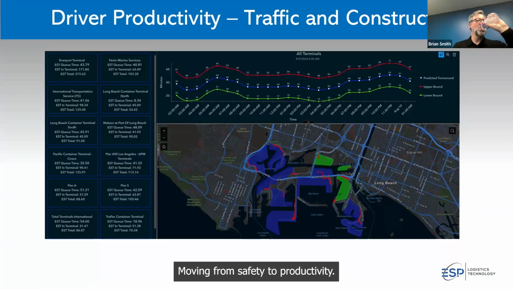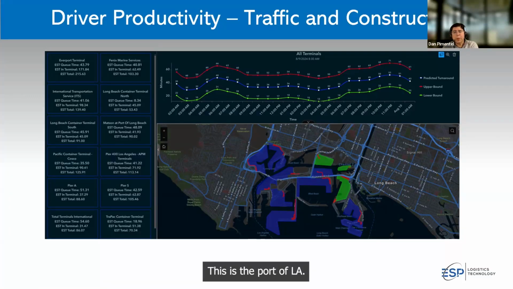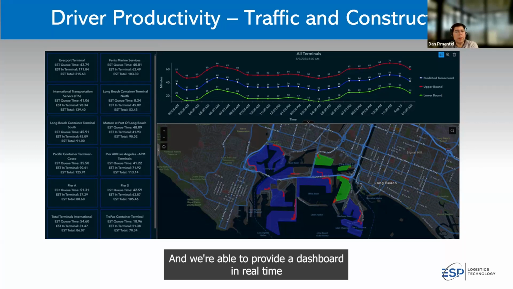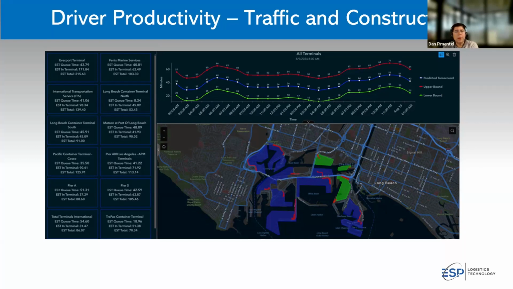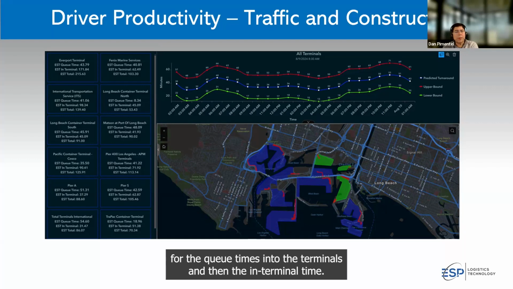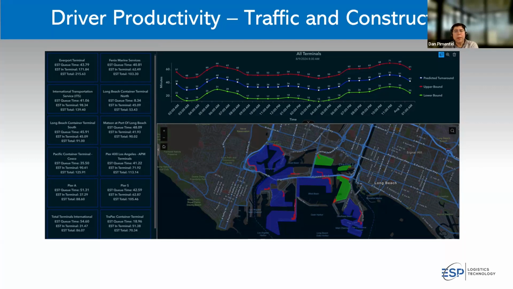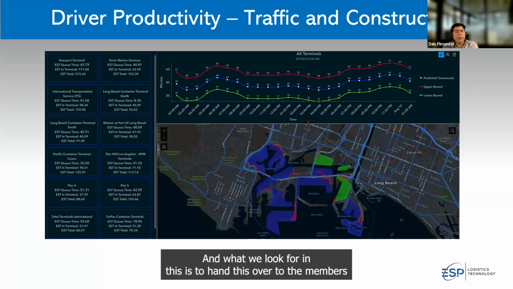So moving from safety to productivity, this is the Port of LA, and we're able to provide a dashboard in real time for the queue times into the terminals and then the in-terminal time. And what we look for in this is to hand this over to the members and allow their dispatchers to make decisions.